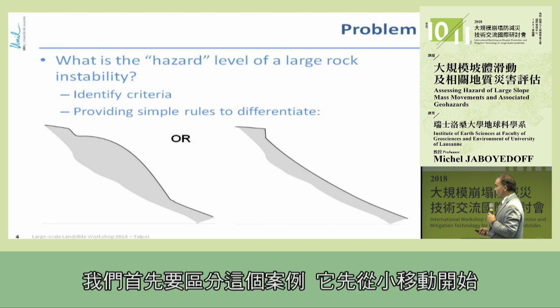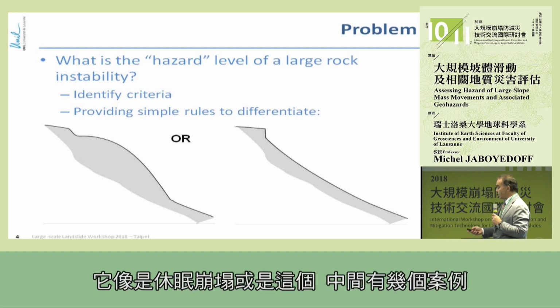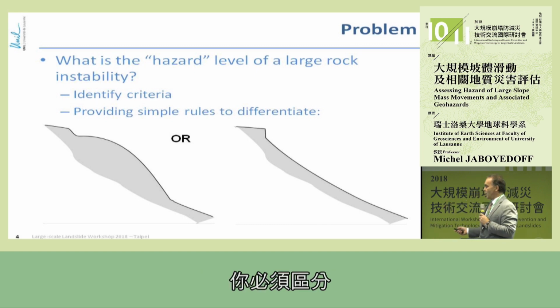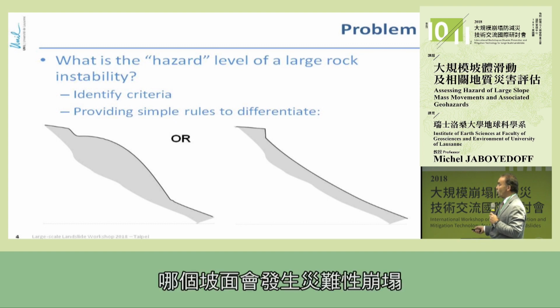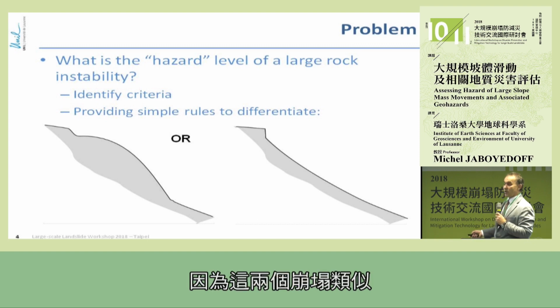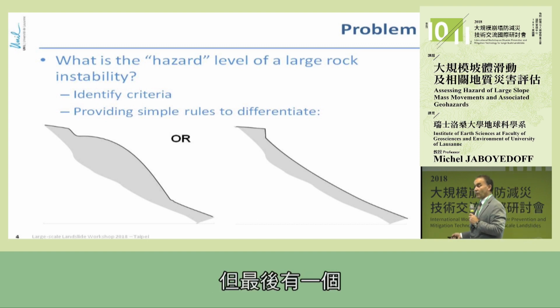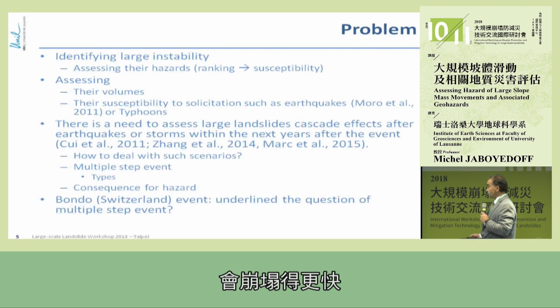We first have to differentiate between this case, where you start with a small movement and it is like a dormant landslide, or this one. Then you have several cases in between, but you need to differentiate which slope will fail catastrophically. Because these two are similar landslides, but in the end one can fail in a more rapid way.